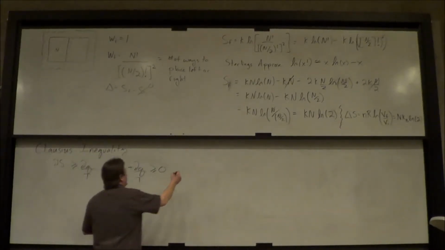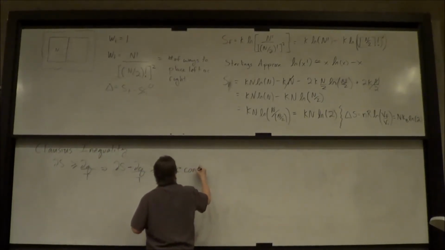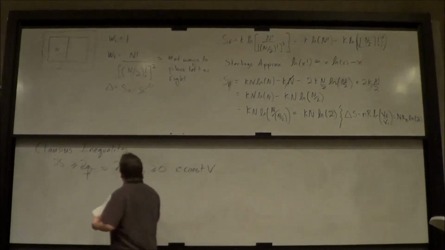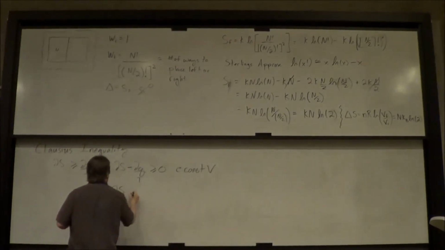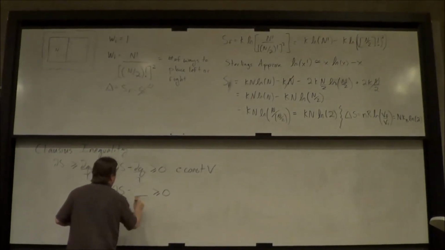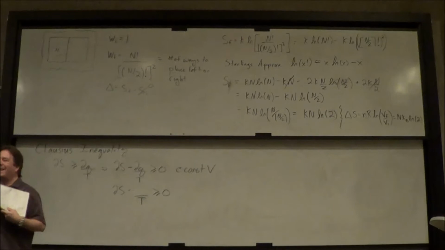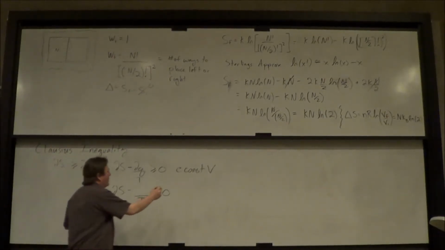Let's do this at constant volume. Okay, let me start out. And remember the greater-or-equal: the equal is when I'm talking about a reversible process that goes here. Obviously I've left a blank. What should I fill it with?